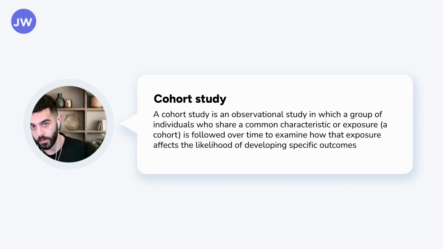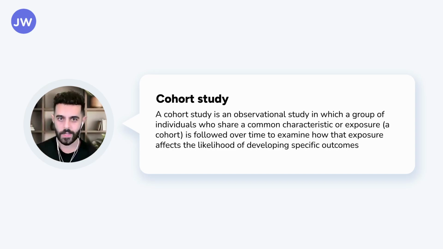This is in contrast to what's called a cohort study. Now, in a cohort study, you are not starting at the outcome. You are starting at the cause. You are starting at some exposure to something and seeing, hey, what is the outcome? And cohort studies really lend themselves both to retrospective cohort studies and prospective cohort studies.